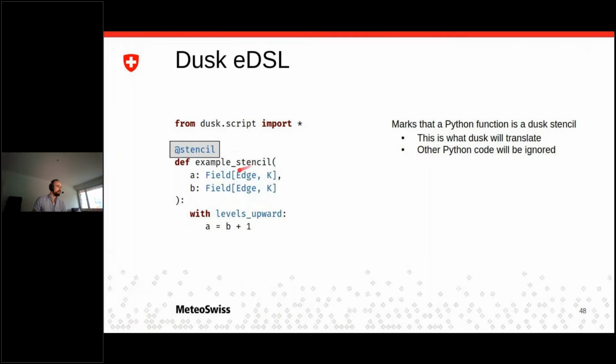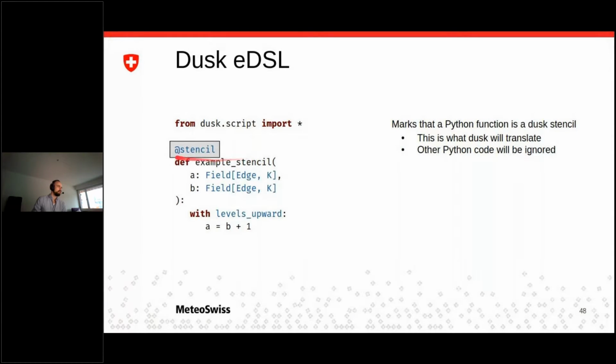Then we have this @ symbol here, which might not be that easily recognizable in this coding font, and this is called the Python decorator syntax. You can decorate functions with this syntax, and this here is a function definition, decorated with this stencil decorator. The stencil decorator marks a Python function as a Dusk stencil.